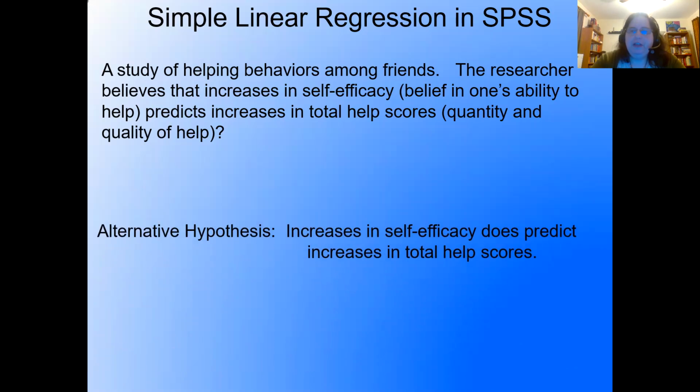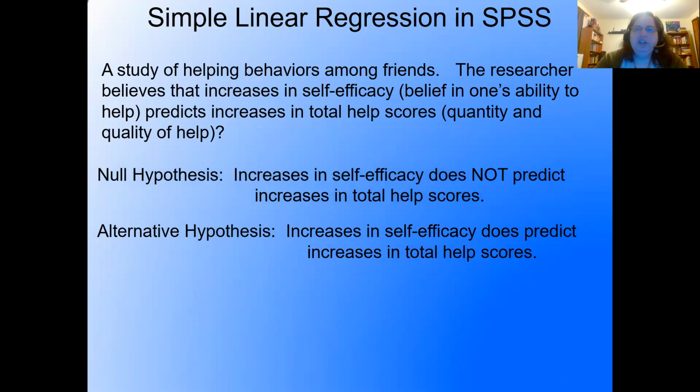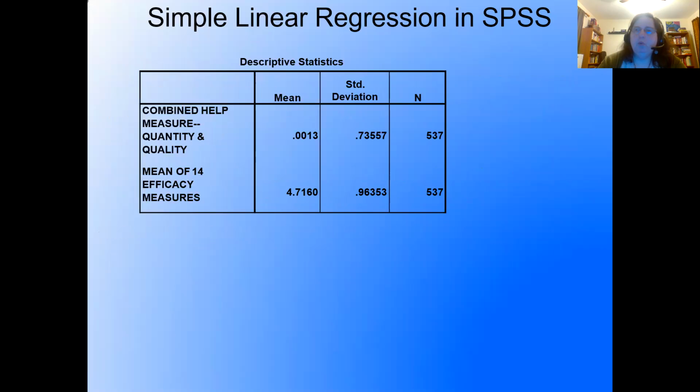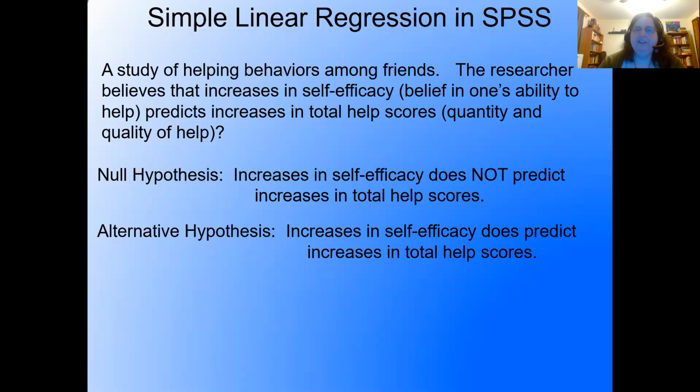The alternative hypothesis: increases in self-efficacy do predict increases in total help scores. The null: increases in self-efficacy do not predict increases in total help scores. One-tailed or two-tailed? One-tailed. Sorry, I didn't have that there, but it is one-tailed because we're talking about increases and increases.